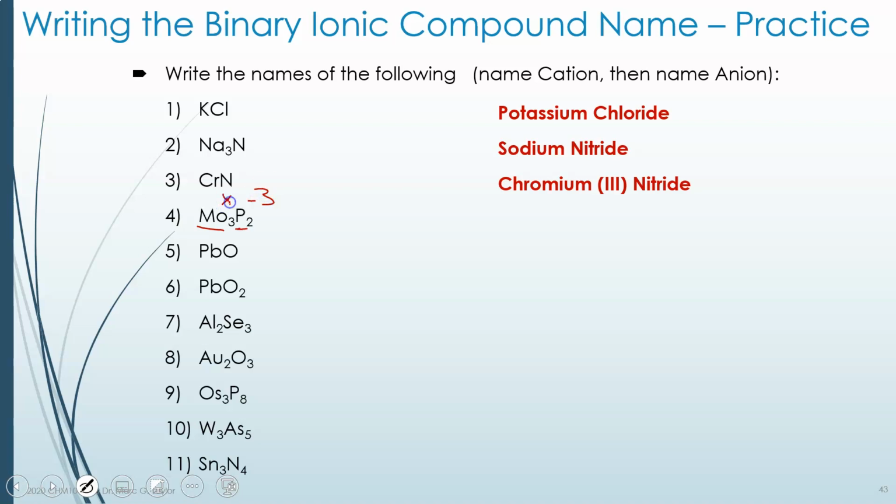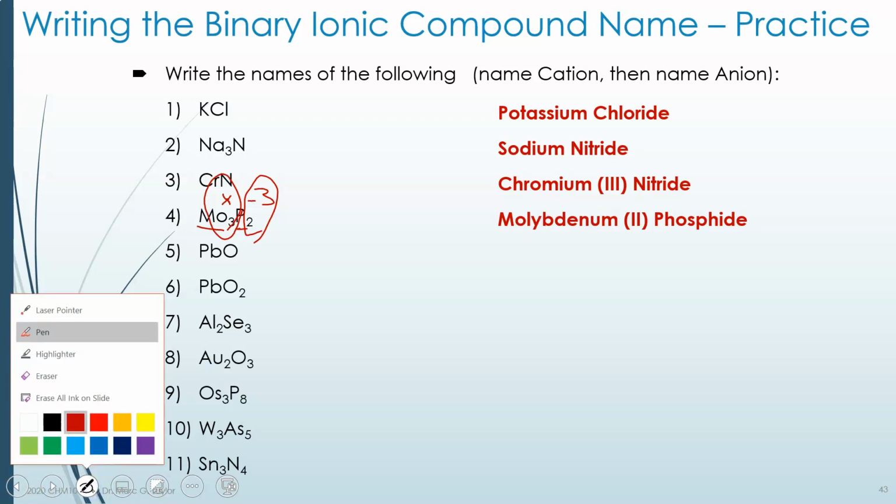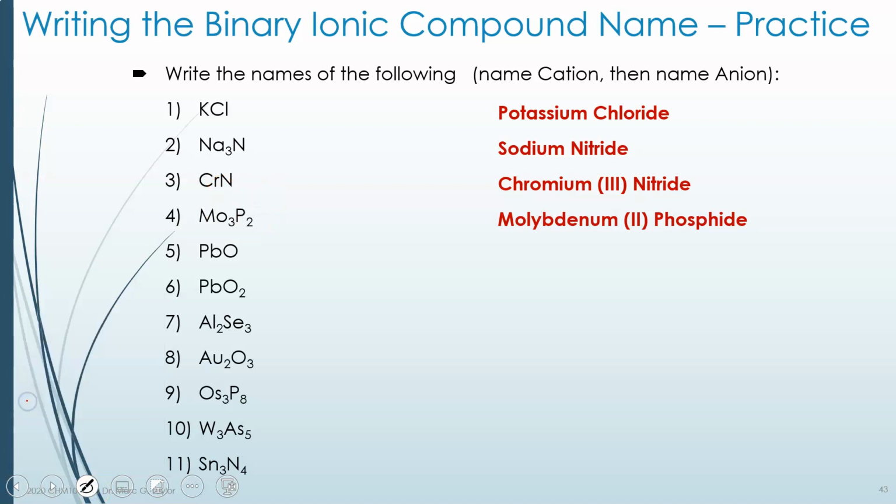So we put a little X there for the molybdenum. So 2 times 3 must be equal to 3 times what? Well, 3 times 2. Therefore, molybdenum must be molybdenum 2, and then the anion is phosphide. So it's a molybdenum 2 ion in a certain ratio with phosphide ions. And we don't concern ourselves with how many of each.